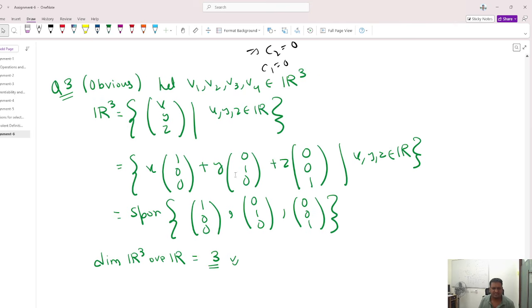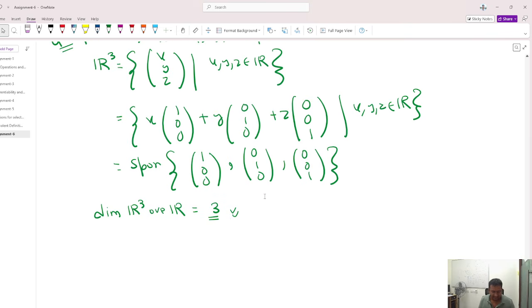So now, what is a basis? A basis is a maximal linearly independent set, right? So any set with more than 3 elements, can it be linearly independent by those equivalent criteria?